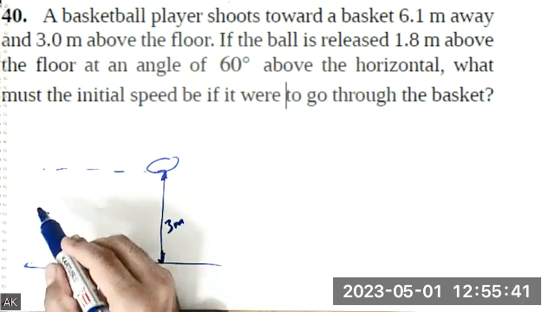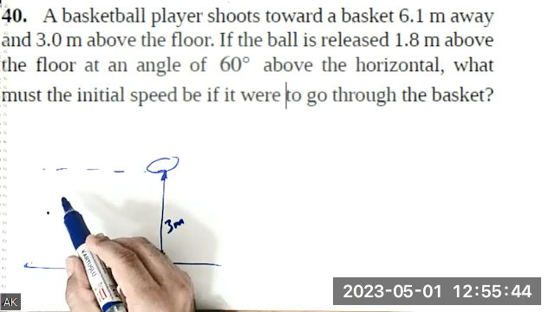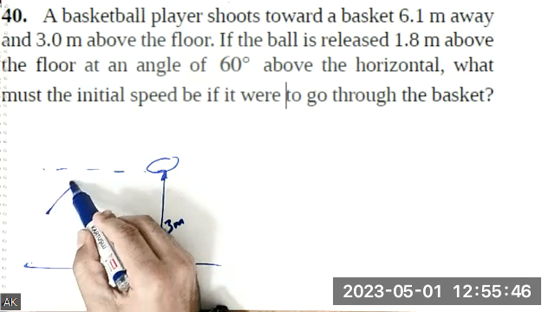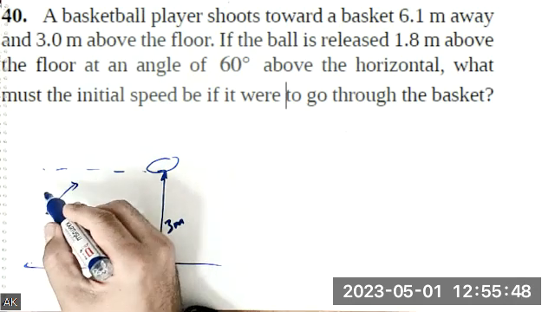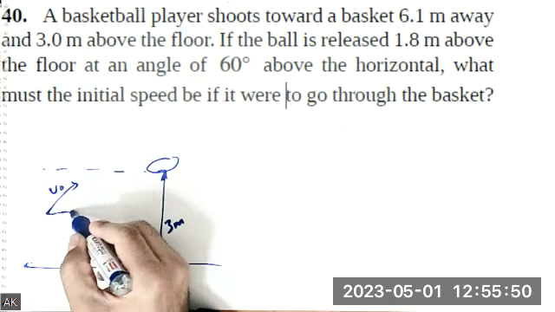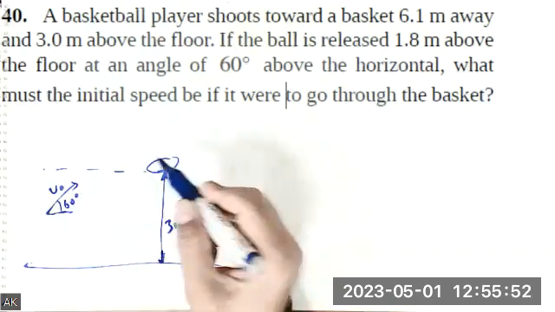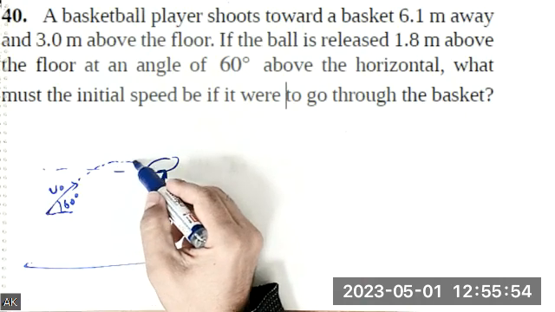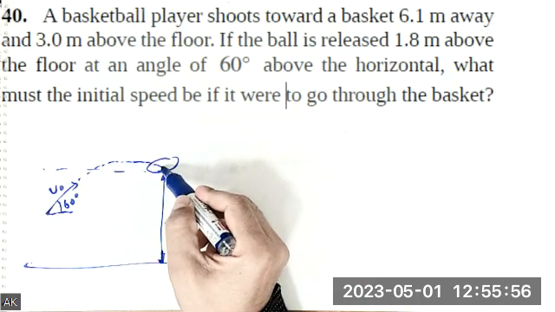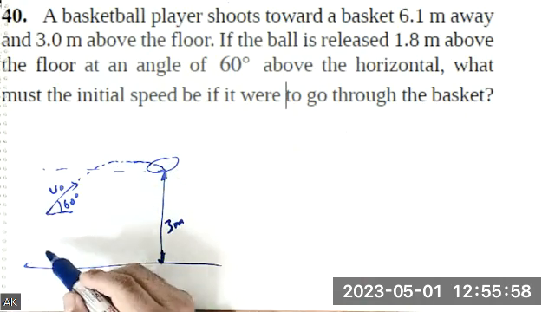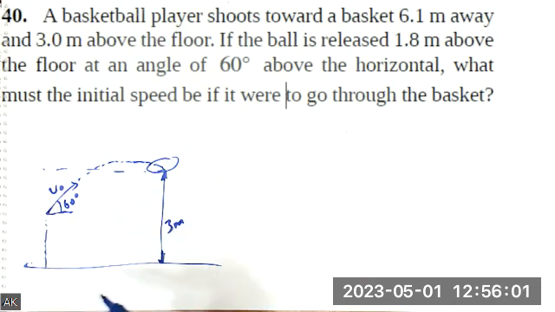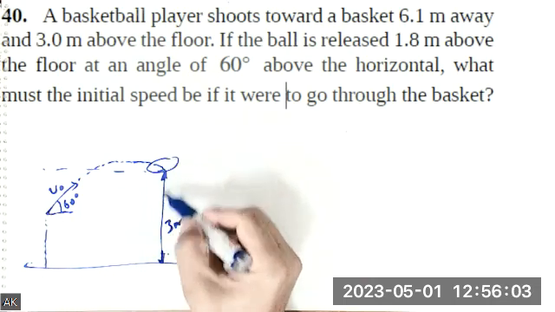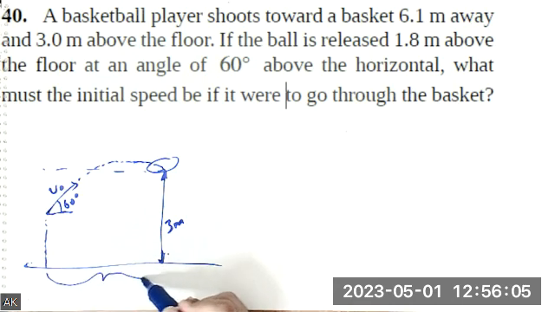This is the point where the ball is shot with an angle of 60 degrees with initial velocity v0. It goes in projectile motion and just enters the basket. The horizontal distance from the throw to the basket is given as 6.1 meters.